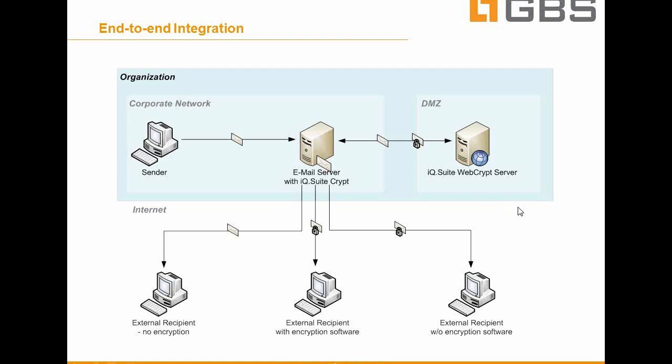All right, so those are the encryption technologies that we're going to use. What we have done now is we have created an environment where we can send emails to recipients with no encryption technologies, unencrypted, or on the right-hand side we're going to send encrypted emails either if our users have an encryption software or if they have no encryption software.